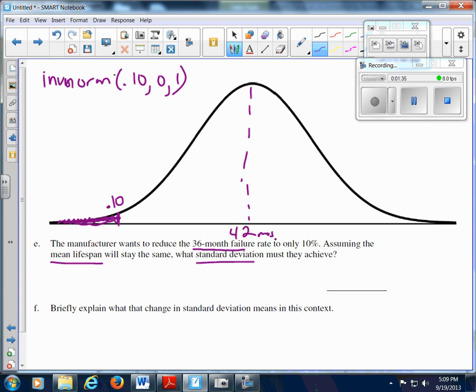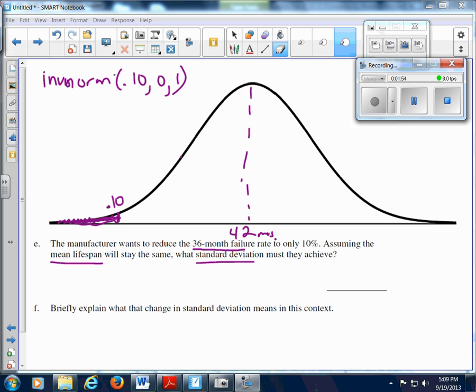So under second distribution, you're going to inverse norm, option number 3, you are going to inverse norm 0.10 with a mean of 0, a standard deviation of 1, and you're going to get a z-score of negative 1.28.